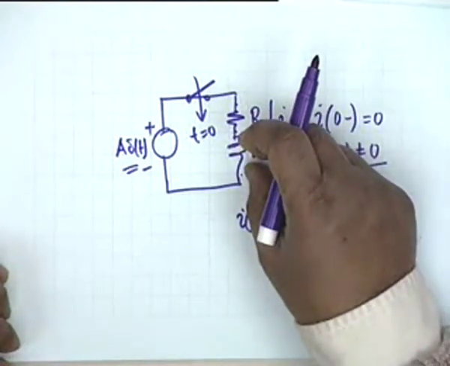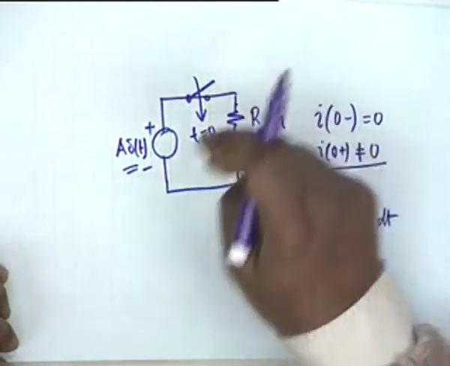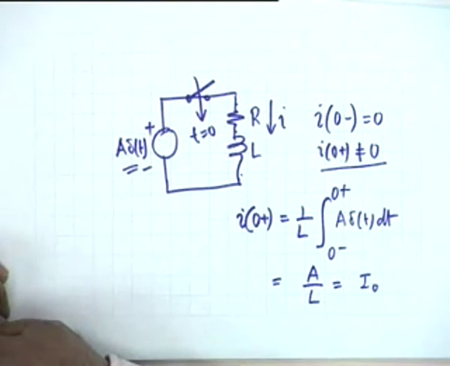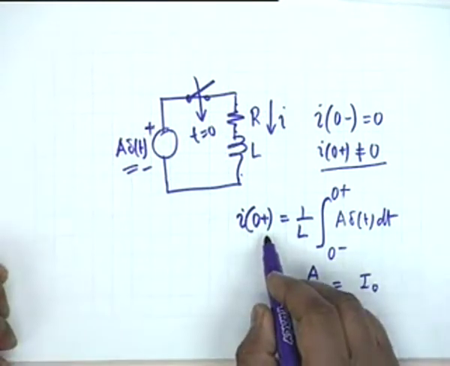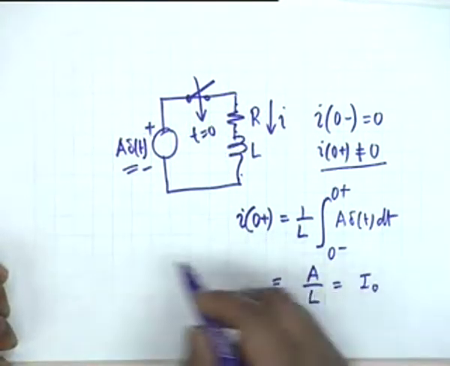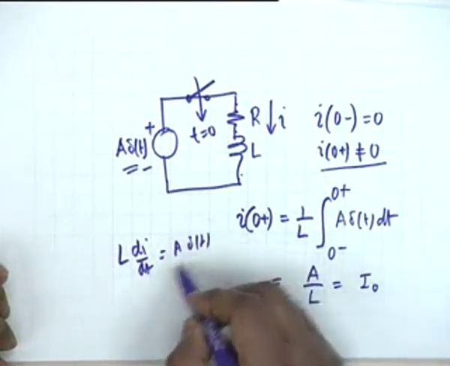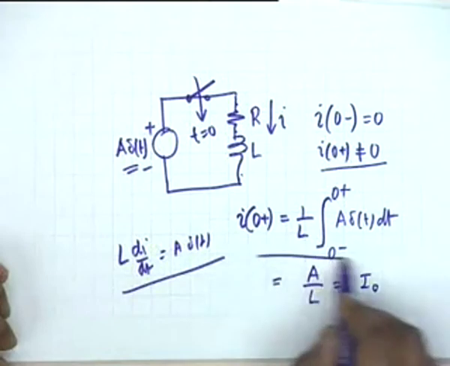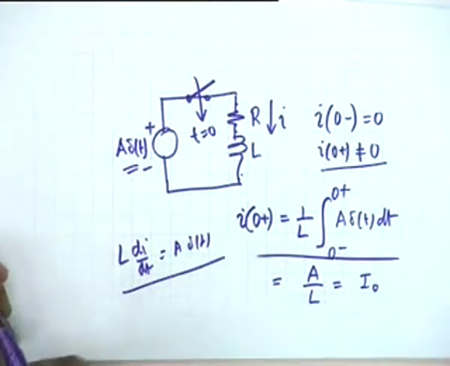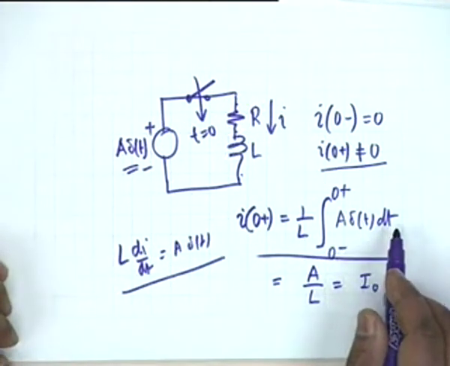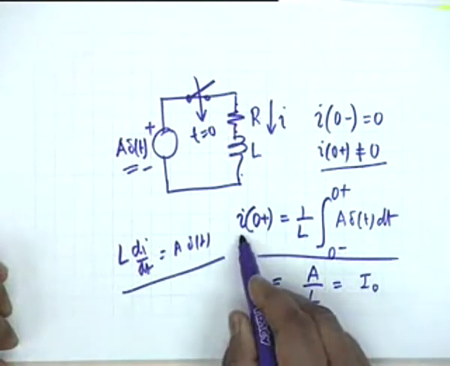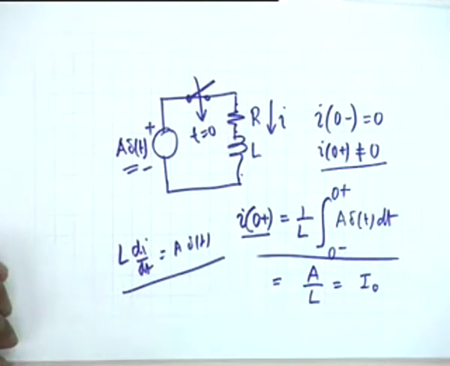Any infinite drop obviously shall swamp the finite drop, and therefore L di/dt is equal to A delta t, and if you integrate this equation, this is what you get, and the integral of delta t dt is unity, and therefore the I of 0 plus shall be I 0.